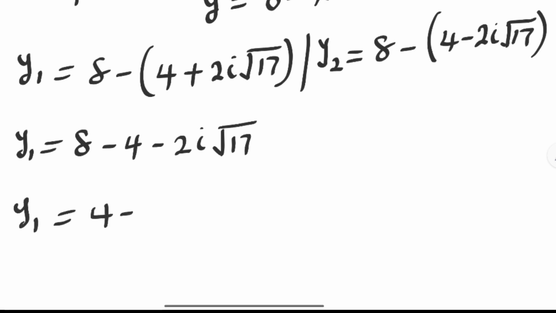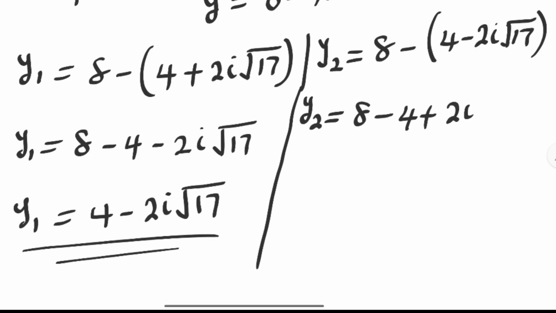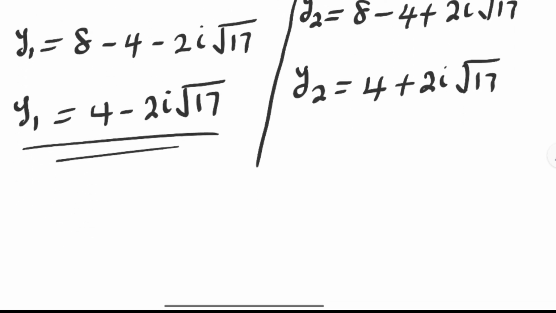This is 4 minus 2i square root of 17. Here is the value of y1. Also, y2 is equal to 8 minus 4 plus 2i square root of 17. y2 is equal to 8 minus 4. This is 4 plus 2i square root of 17.